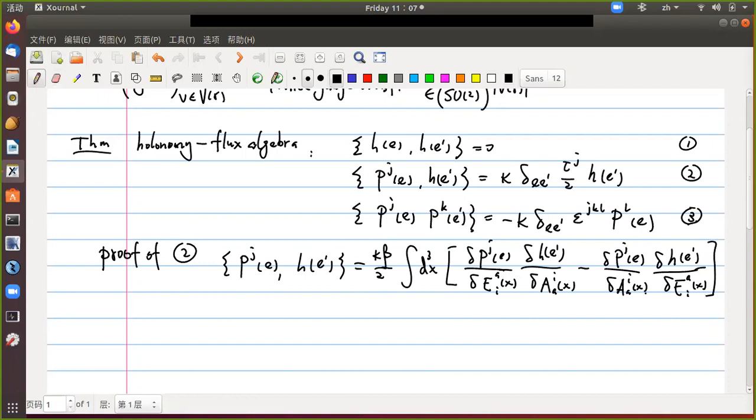Here you have to sum over the three-dimensional space.